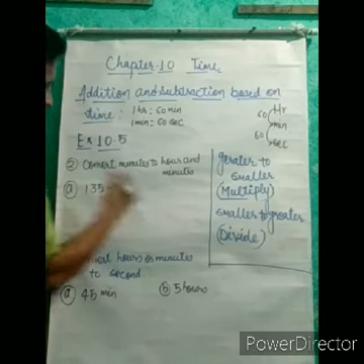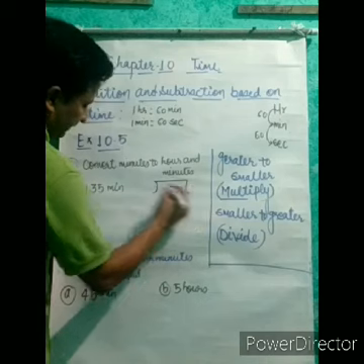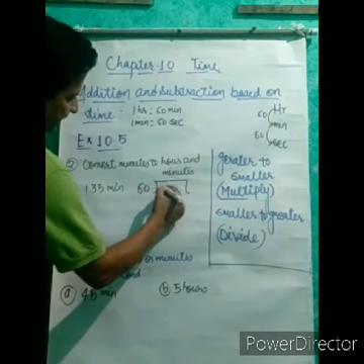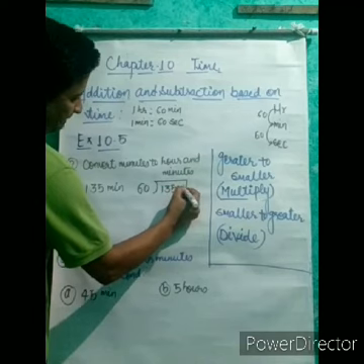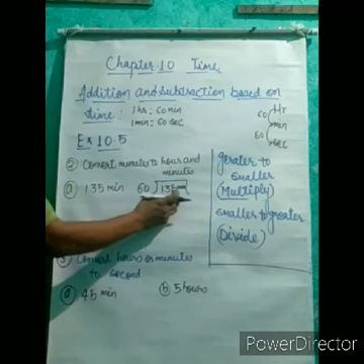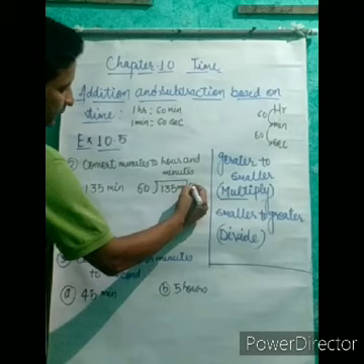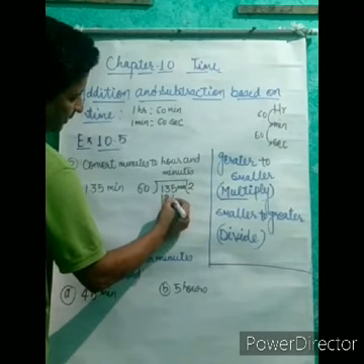So here it is more than 60, so divide 135 by 60. 135 is in minutes, so we will divide 2 times, 120.